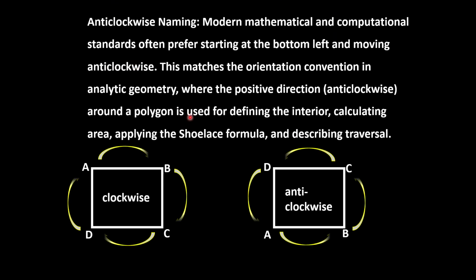Then what changed the system to the modern system, starting at the bottom left and moving anti-clockwise? Modern mathematical and computational standards, and that's what most math books follow, prefer starting at the bottom left and moving anti-clockwise.